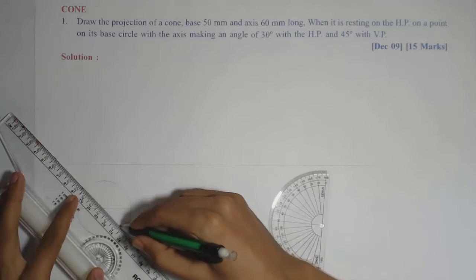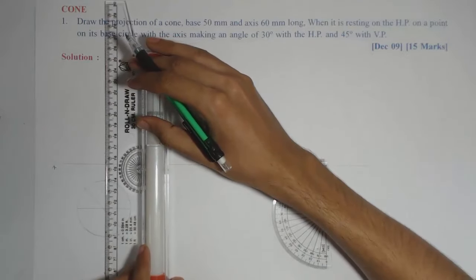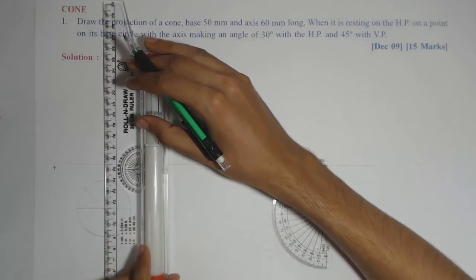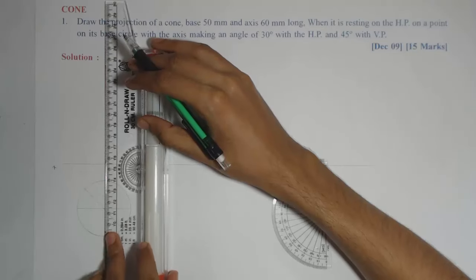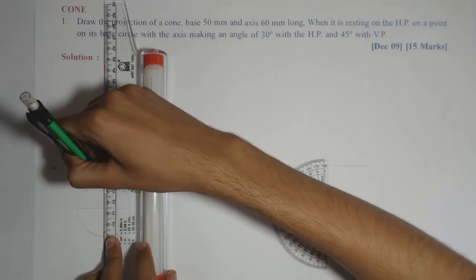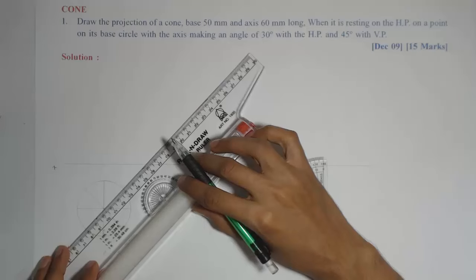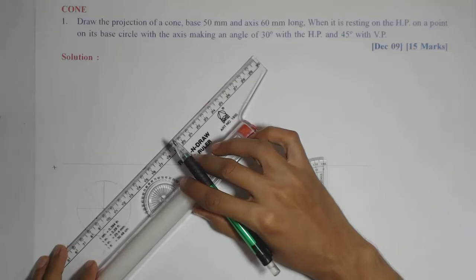into 8 parts. Now this division on the circumference is required to get the ellipse when we draw the next views, because when the cone is tilted, that circular base will appear as an ellipse, and for drawing the ellipse as a smooth curve we need points in between.